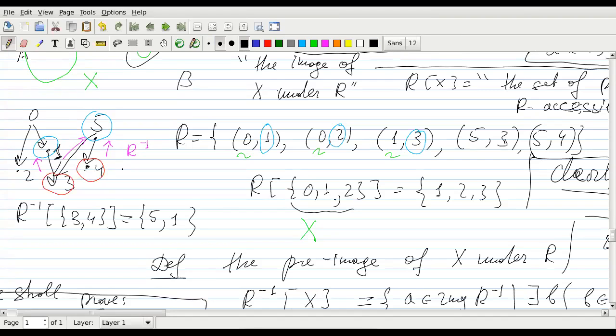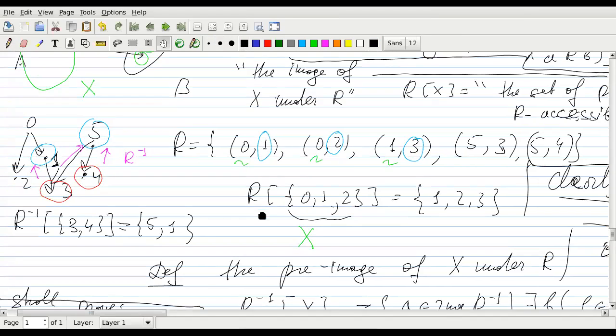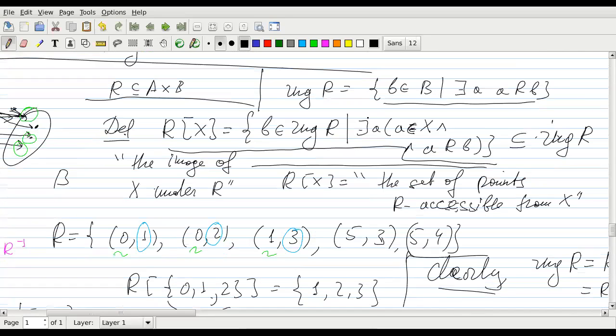Yes, this concept is very, very easy, in fact. Just take it in the right way. So use, say, diagrams and formally use quantifiers.